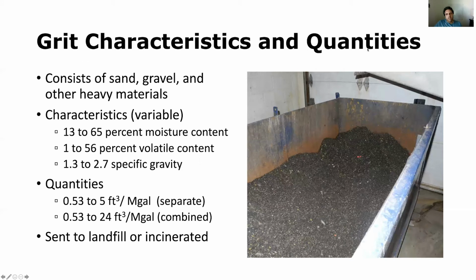All right, so grit characteristics and quantities. In typical domestic sewage treatment plants, we get a combination of sand, gravel, other heavier materials that make their way into the sewage with characteristics that vary, but typically range from 13 to 65% moisture, very low to almost 0.5% volatile, and specific gravities which might range from 1.3 to up to 2.7.